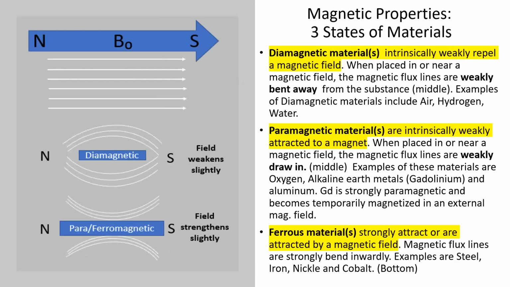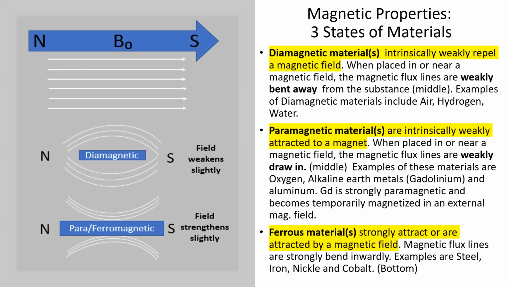Diamagnetic materials intrinsically weakly repel, like water, air, hydrogen. Paramagnetic materials intrinsically weakly attract the field. They bring it in just a little bit. That's our gadolinium. And then ferrous materials strongly attract. They bring those magnetic flux lines into each other.